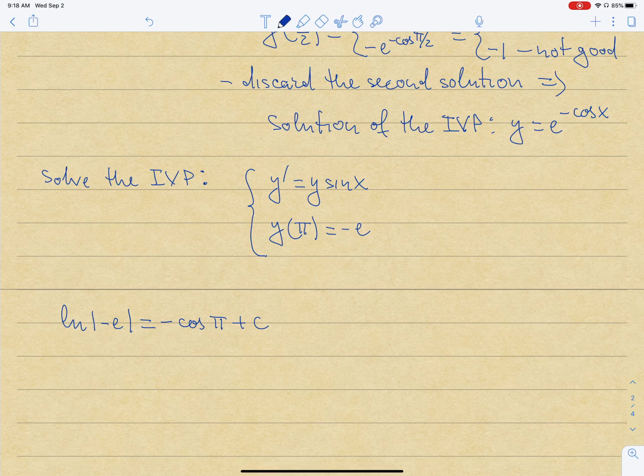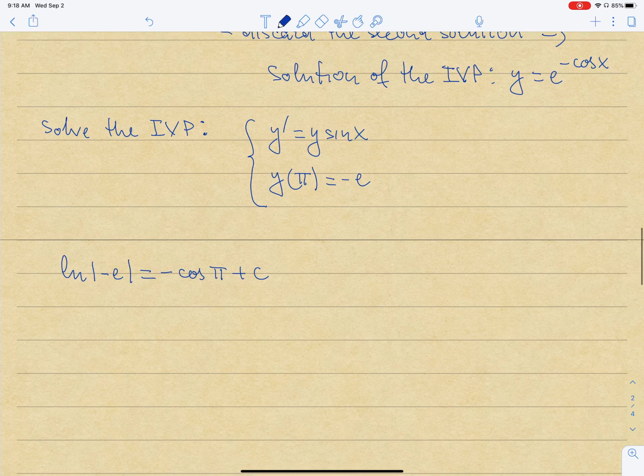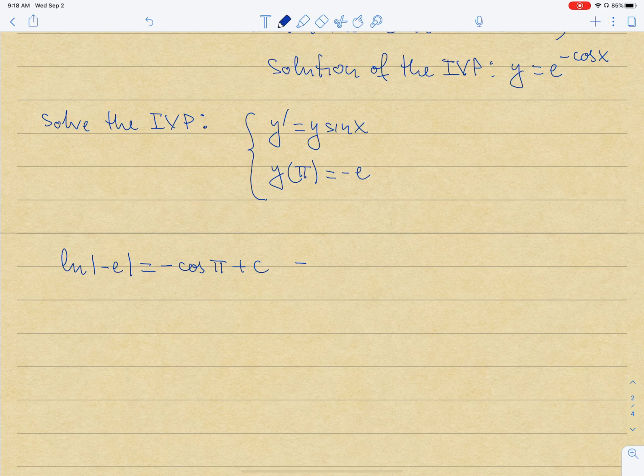All right, so what does that mean? What is ln of minus e? Ln of minus e is equal to ln of e, right? So I can get rid of absolute value.